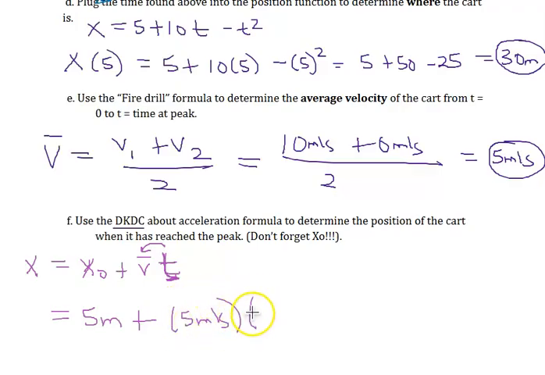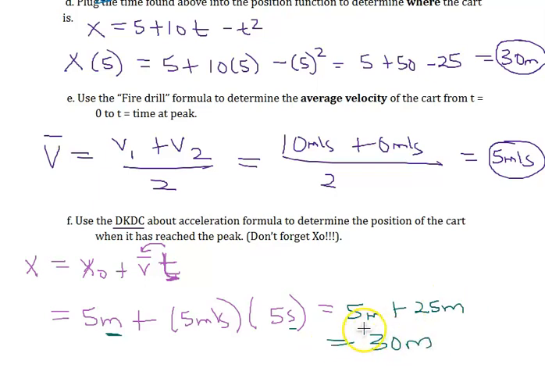And it did that for 5 seconds. So we have 5 meters plus 5 meters per second times 5 seconds. So 5 meters plus 25 meters equals 30 meters.